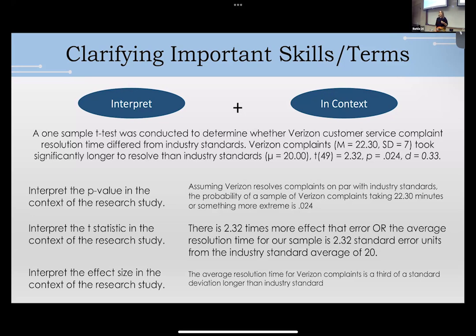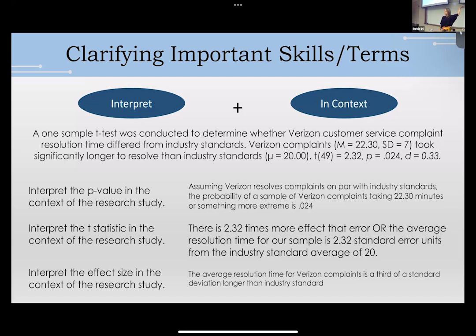Interpret means translate from one language, numbers, to another language, English. So when we're interpreting p, assuming the null hypothesis is true, the probability of getting this value or something more extreme is 0.024, right? Now, that's interpretation, but it's not in the context of the study.